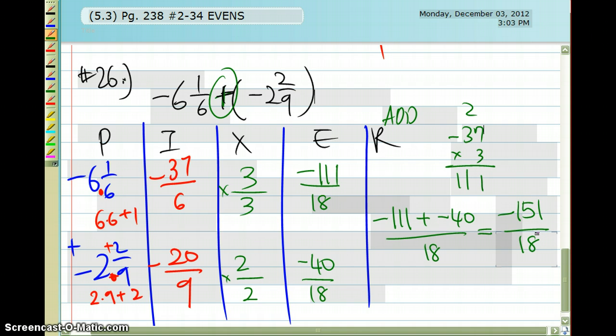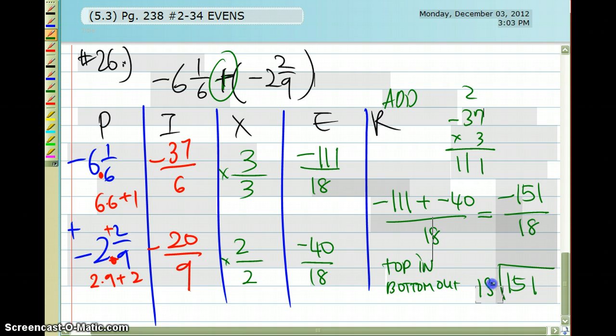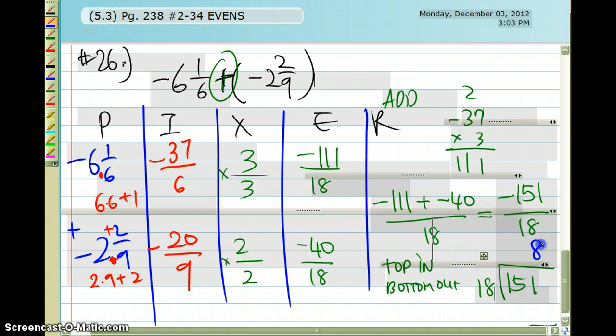And I'm going to change that to a mixed fraction by putting the top in and the bottom out when I divide. So when I divide 151 in, 18 out, I will ignore the negative for now because at the very end I will give the whole number the negative and then put my fractional part right next to it. As I divide, I think 8 is going to be the greatest.